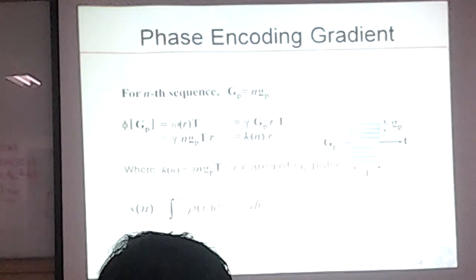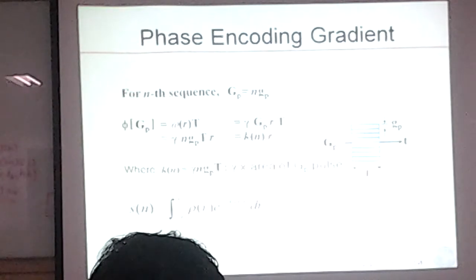So n is an integer value. Okay? And n is from minus 128 to 127.